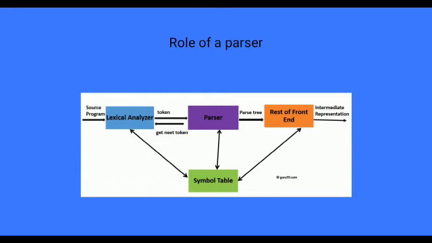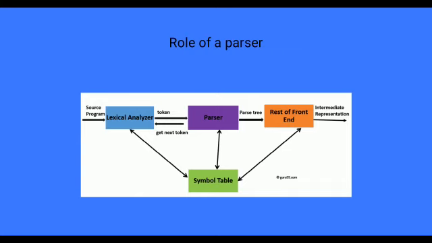In the same manner, the role of the parser is the same. After asking the lexical analyzer, the lexical analyzer and parser both depend upon the symbol table, along with the rest of the front end.